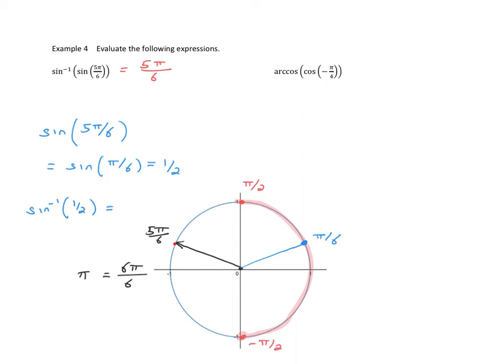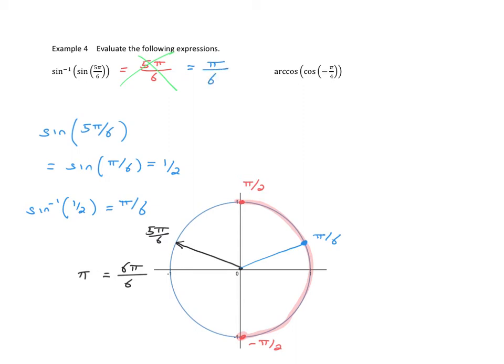So I don't want this angle. The angle it's going to give you back is this angle here. It's actually pi over 6. What does that mean? It means my initial guess was actually wrong. That is incorrect. So here's something you have to look out for. Whenever your last step is to apply the inverse trig function, you might not actually get the angle back that is here. In fact, this time we don't. The actual answer is pi over 6.